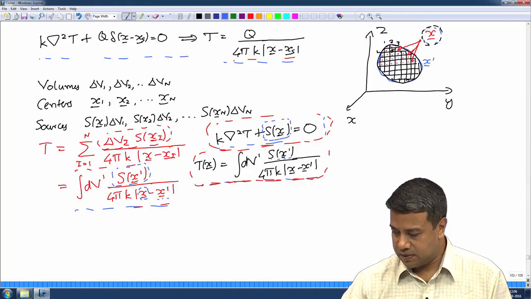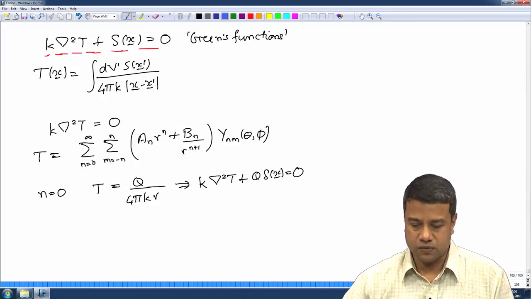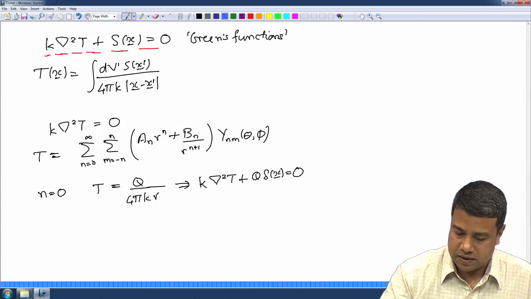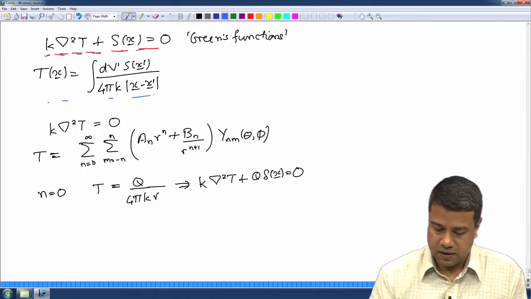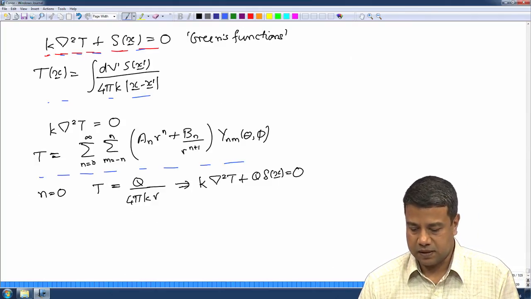And in the last lecture we were trying to see what the relationship is between these two kinds of solutions. You have one solution wherein you express the inhomogeneous term as a source term, and then you get the temperature field. The other is this expansion, a times r to the power n and b_n by r to the power n plus 1.